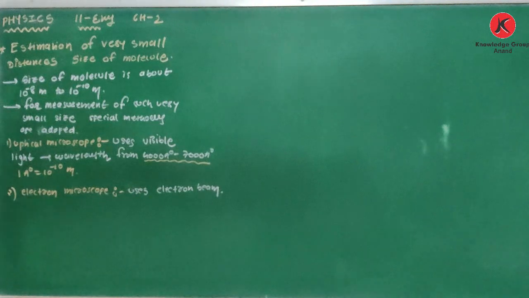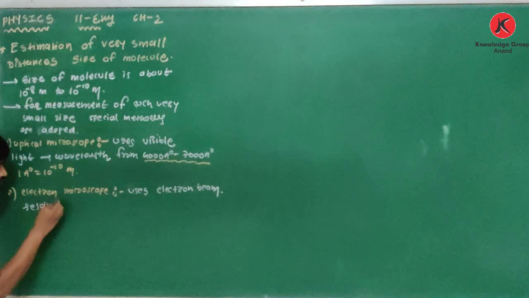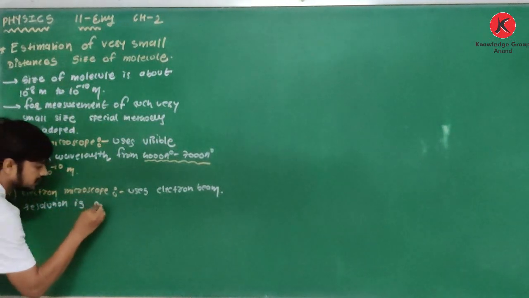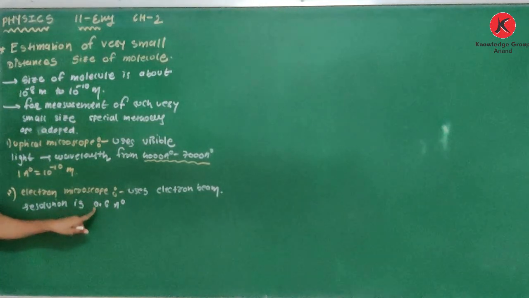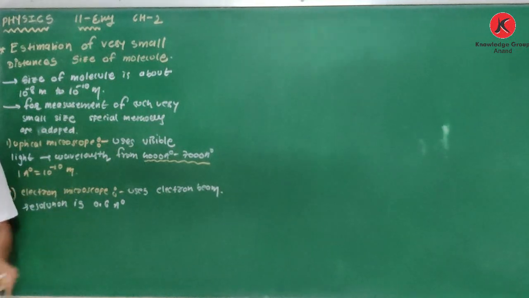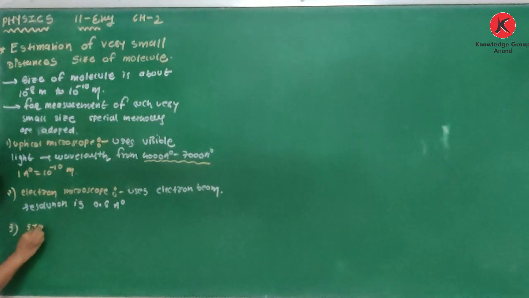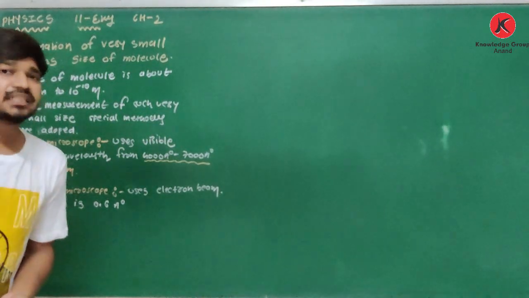And what is the resolution of the electron microscope? Its resolution is 0.6 angstrom, which means 0.6 into 10 raised to minus 10 meter. Up to this distance, the electron microscope can estimate. Clear about this? The third one is the STM, the scanning tunneling microscope, which is used in nanotechnology.